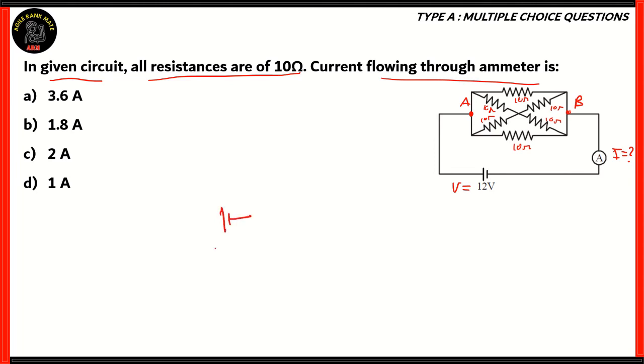We have the potential difference as 12 volts. We have the ammeter here on the negative side. And if you look at the circuit, this will be 10 ohms.